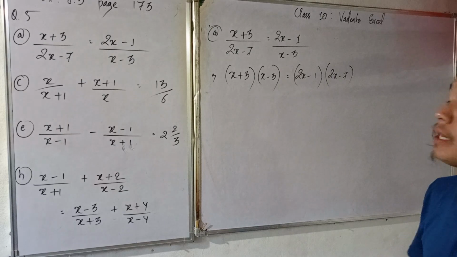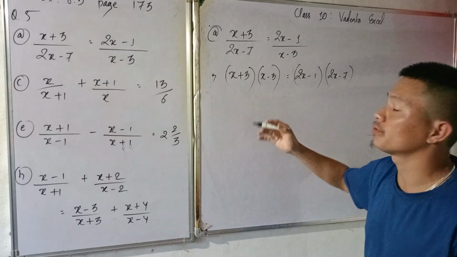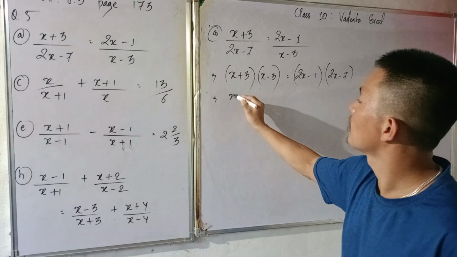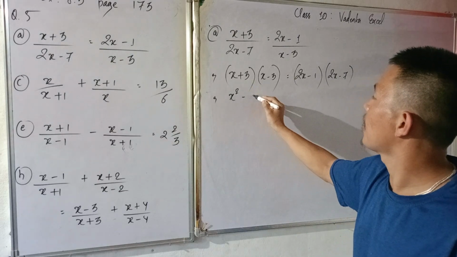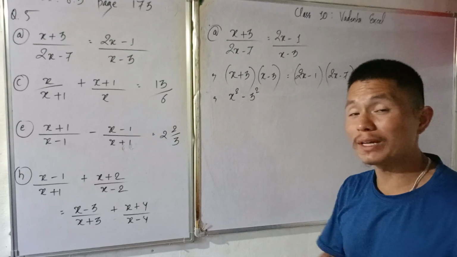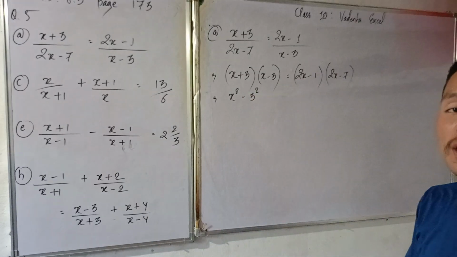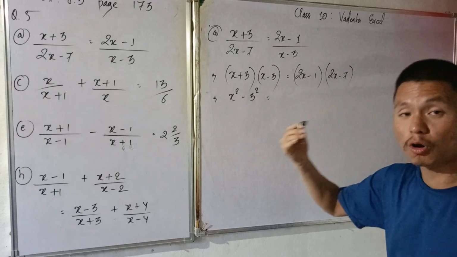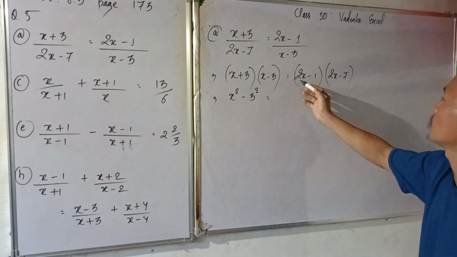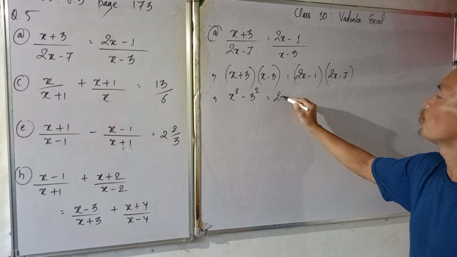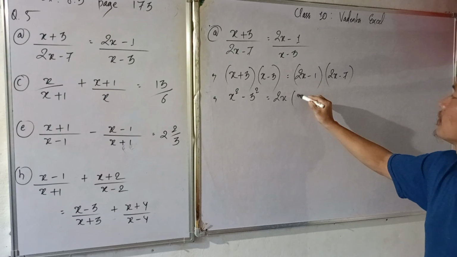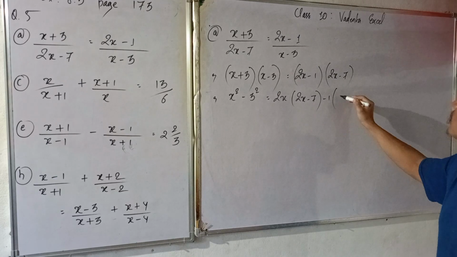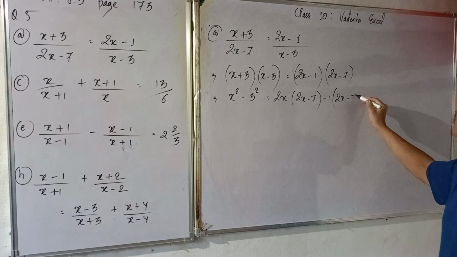This goes into the form a square minus b square, so we write x square minus 3 square, or you can simply multiply the binomial terms. If you don't know how to multiply binomial terms, 2x should multiply 2x minus 7, and minus 1 should also multiply 2x minus 7.